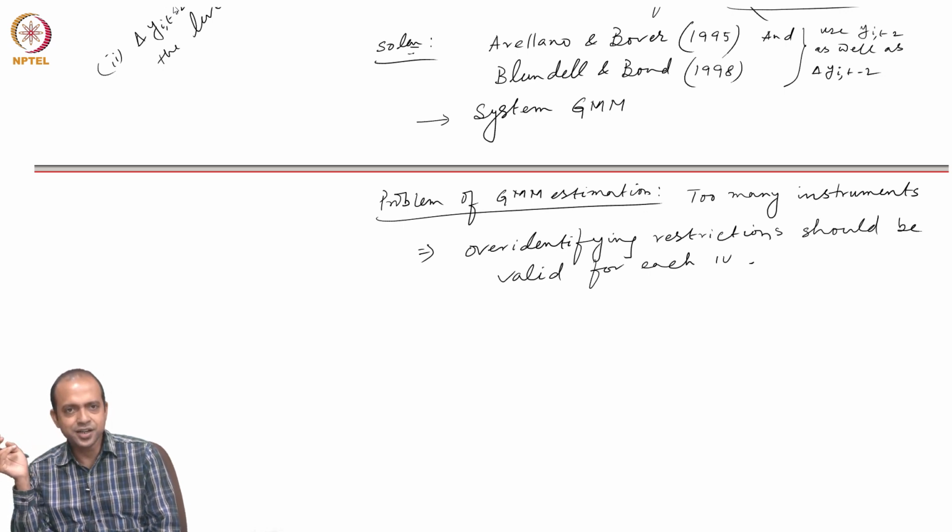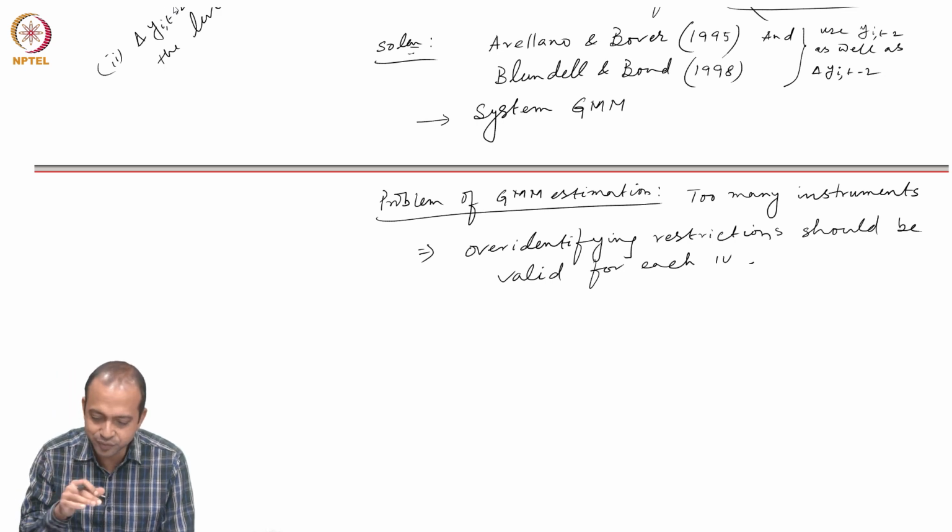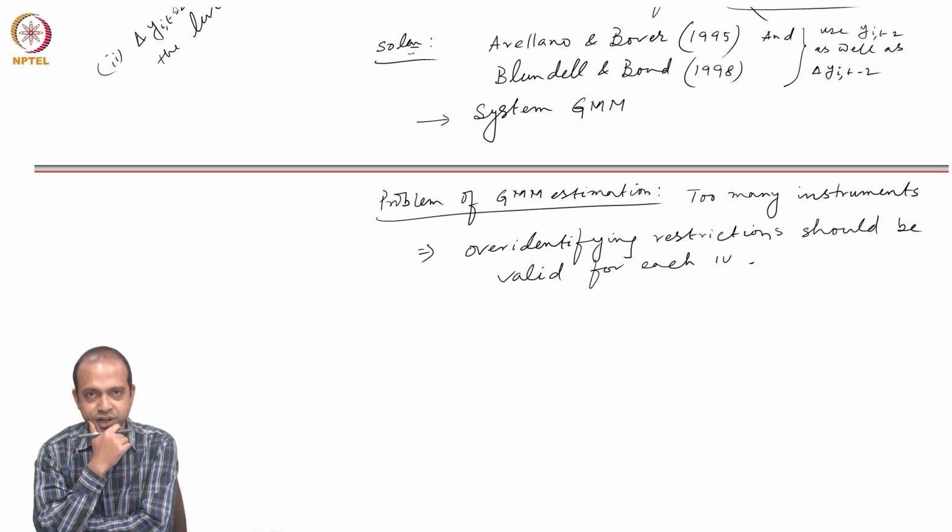But the second criterion that we need for any instrument to be valid is that they should not be correlated with the error term, right. When you have too many instruments, the problem is how do you know whether over identifying restrictions are valid for each and every instrument. That is the major disadvantage of this GMM estimation technique.